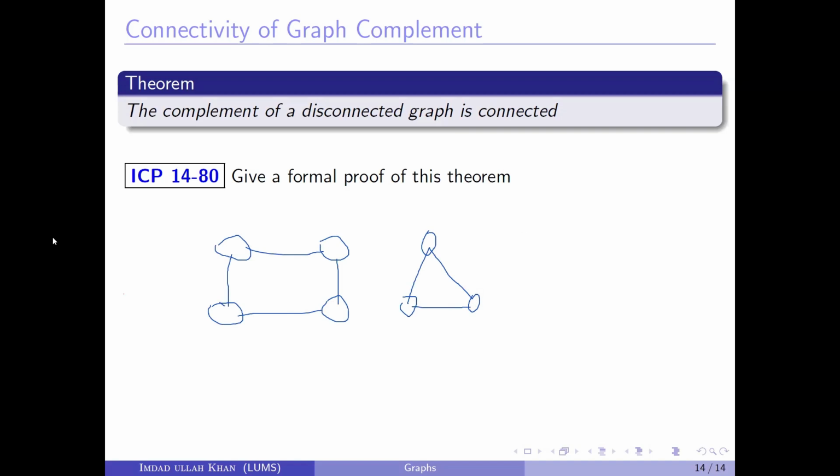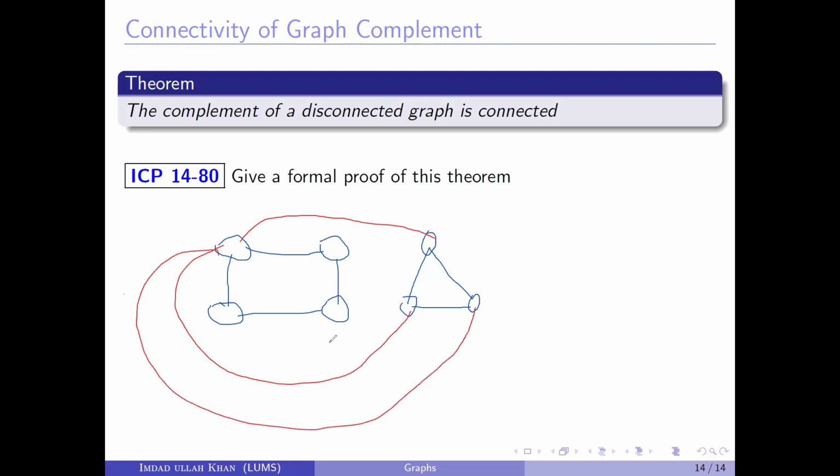In the complement, we'll drop all these blue edges and we'll connect all those pairs with edges where we don't have an edge at the moment. So for example, vertices from the left component will start getting connected with the vertices in the other component. This one will get connected with all other vertices directly because these edges were missing. They will also start getting connected this way. So we'll bring these kinds of edges.